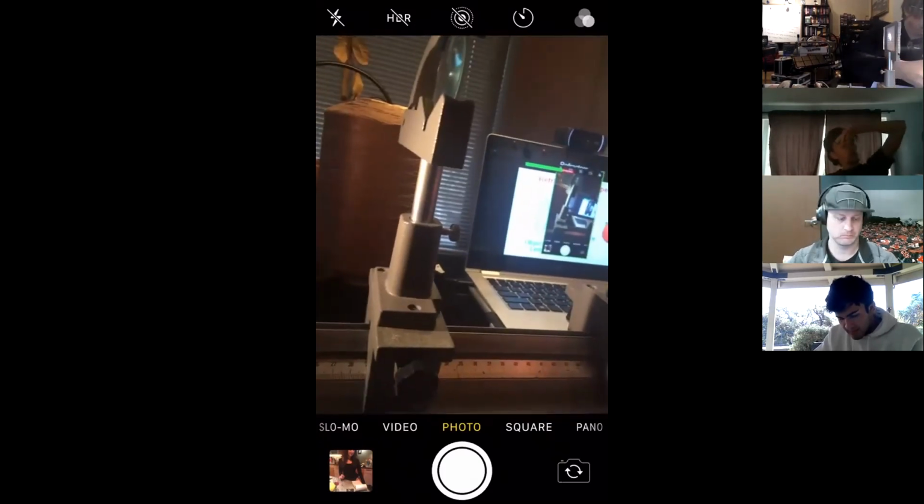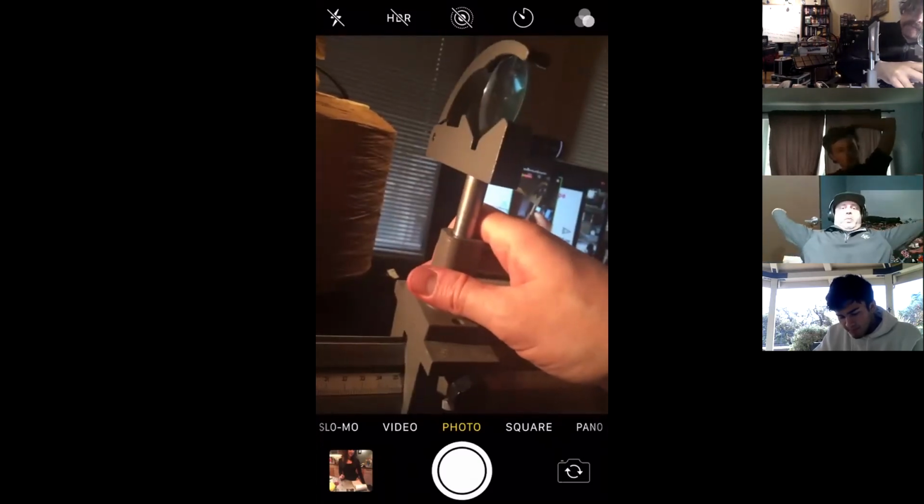I'm going to just fiddle for a second because that's the kind of thing that I do. Bit of a fiddler. And I'm going to try to get it a little further away and make a sharp, crisp image. Let's see if I can get you guys to see that. Okay, here we go.